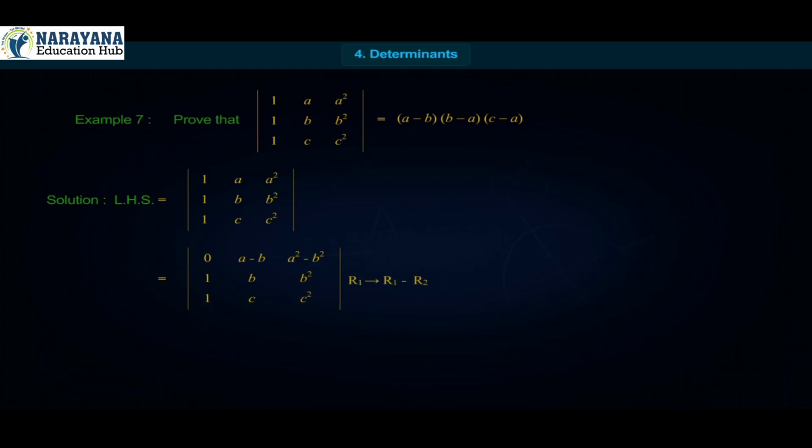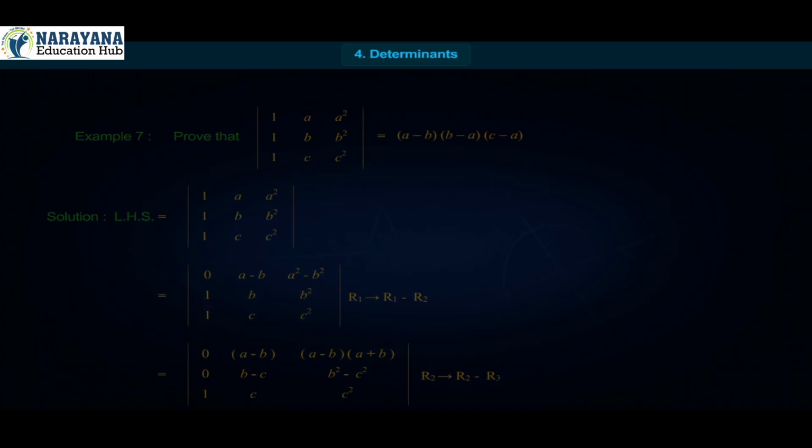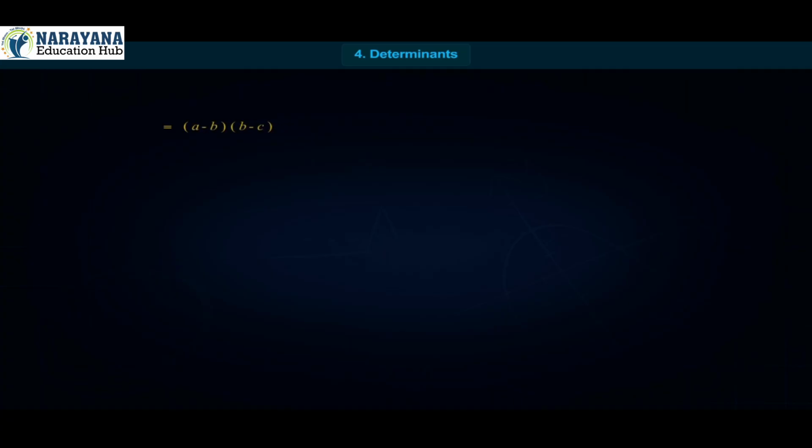Because R1 to R1 minus R2, it is equal to the determinant 0, a minus b into a plus b, 0, b minus c, b square minus c square, 1 c square, because R2 to R2 minus R3. This is equal to a minus b into b minus c into the determinant 0 1 a plus b, 0 1 b plus c, 1 c square.